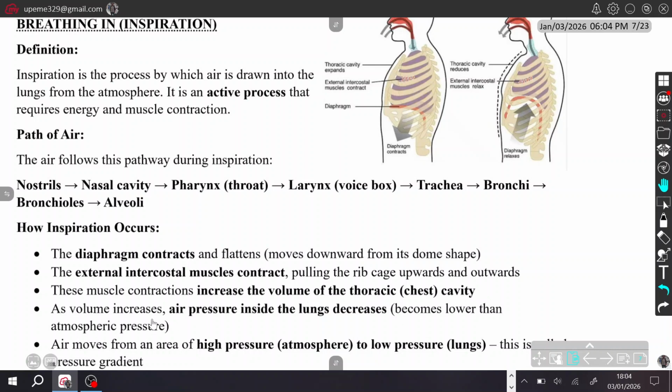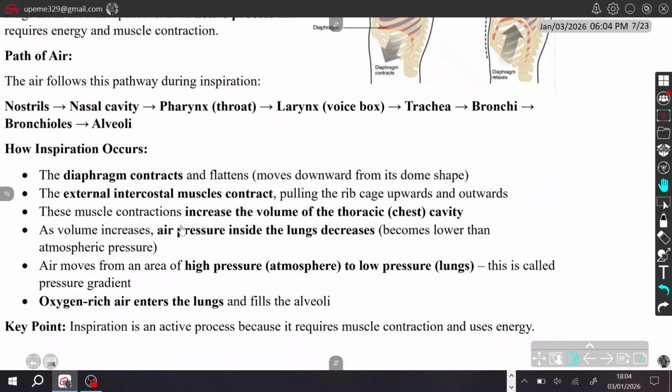Now, as volume increases, air pressure inside the lungs decreases, because we have increased the space to more than what was there. So the pressure inside becomes lower than atmospheric pressure. The pressure inside there is less than the pressure outside.